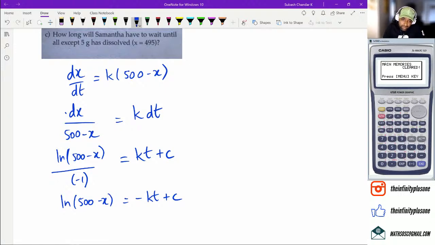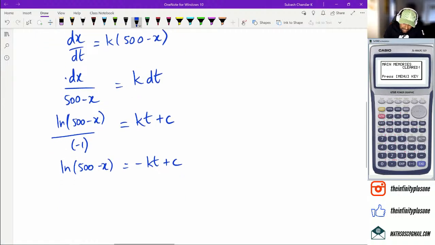You might wonder why I haven't put negative c. Just remember that c is a constant, so it doesn't really matter. I can still leave it as a constant because I don't know what that number is. So I don't have to stress too much about changing the sign of c.